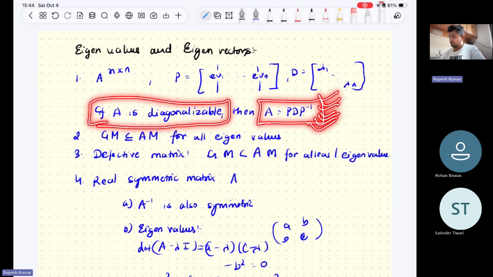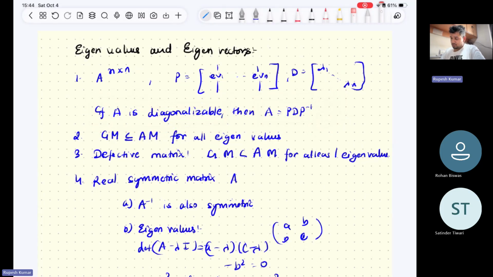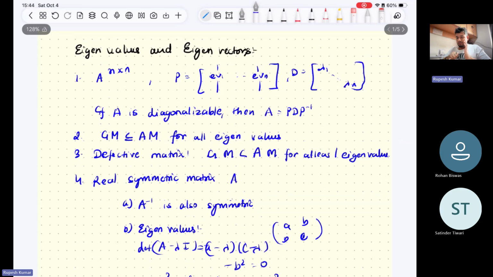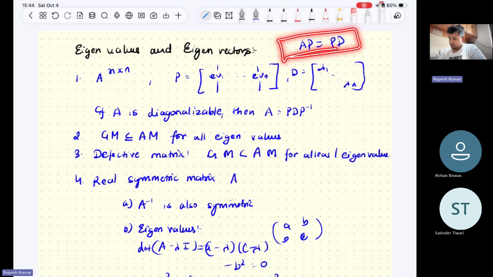Basically, eigenvalue decomposition exists. Now the question is how to check if it is a diagonalizable matrix. The first hint: since we are considering only square matrices, do you remember how we got this form? AP equals PD. Do you remember this form?